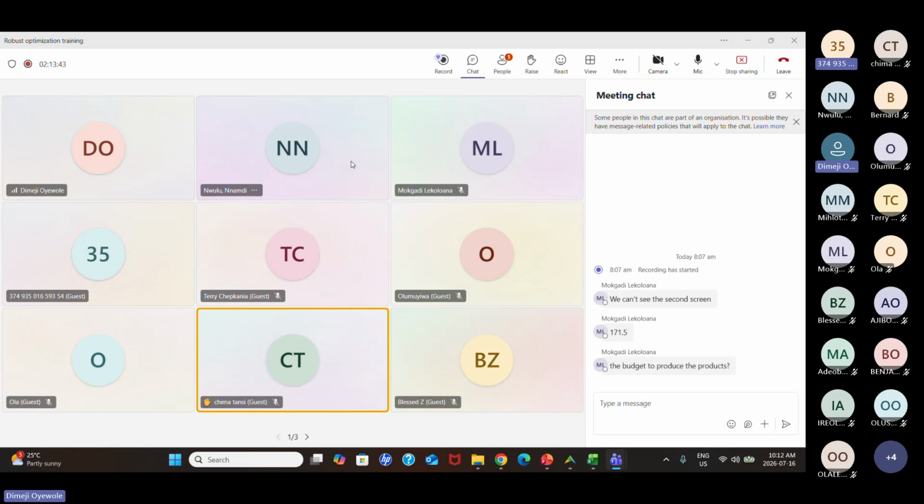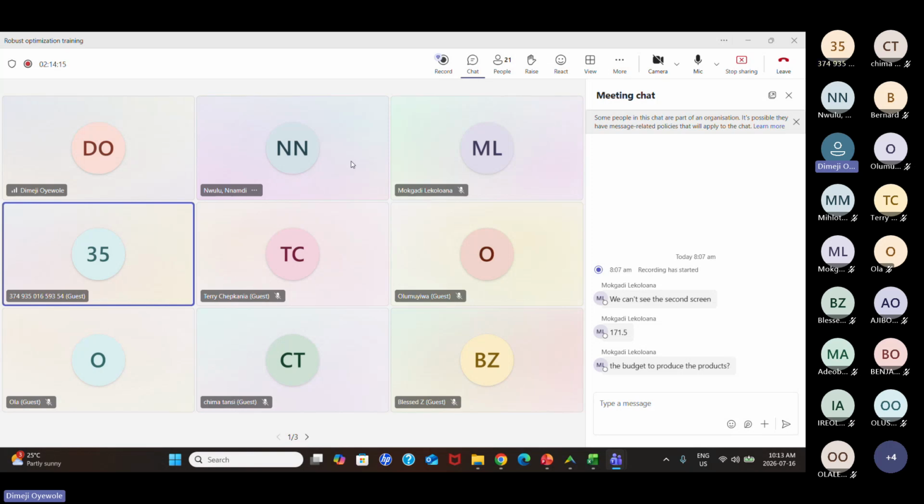They are different. Stochastic optimization is different from robust optimization, even though they deal with uncertainties. Now, for the robust optimization that we talked about, we are looking at boundaries, right? We have the floor and we have the ceiling. So between that boundary, the solution gives you an optimal solution.